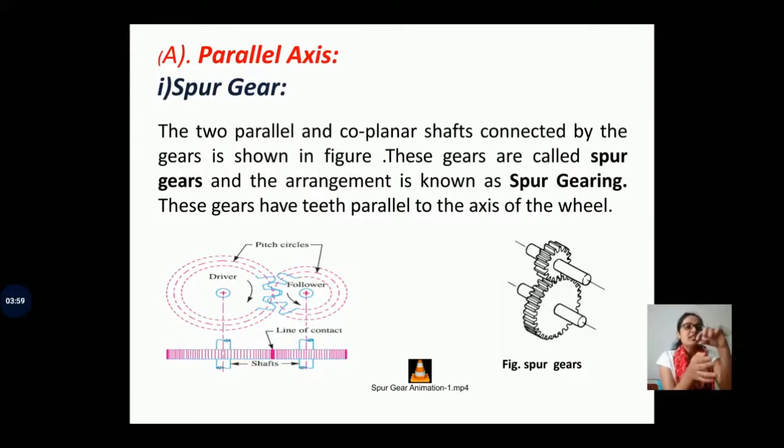Also the teeth of the gears are parallel to the axis of the wheel. So in this figure you can easily see the teeth of the gear are parallel to the axis of the wheel. Okay, so this category is the spur gear.